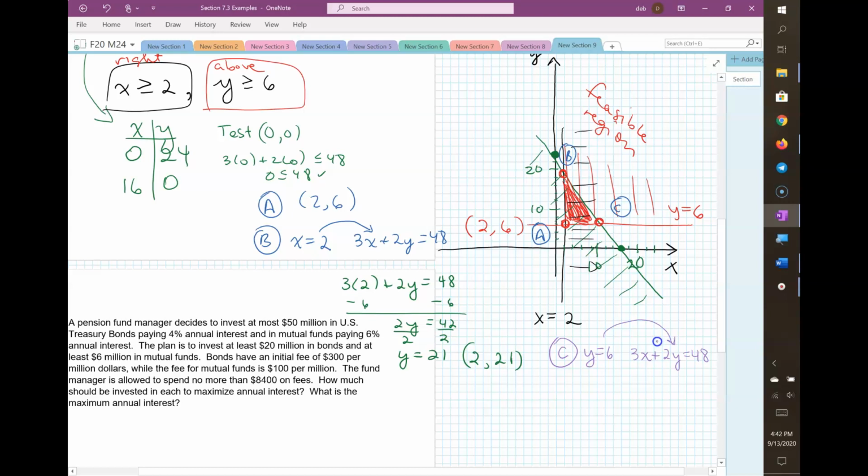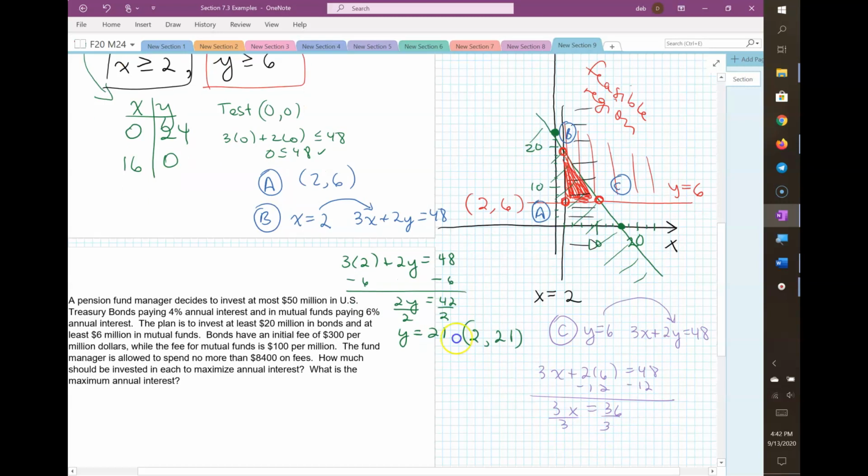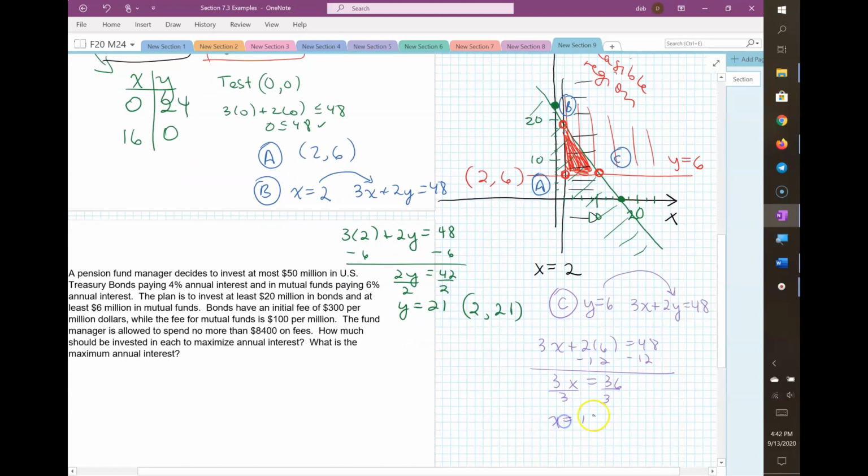So I can put 6 in for the y and solve for the x, and get x equals 12. So 12, 6 is our third corner point. And make sure that makes sense on your graph. Look at it and say, yeah, that seems reasonable.